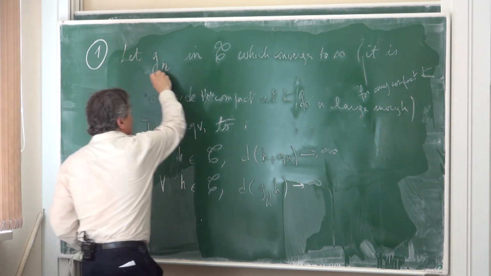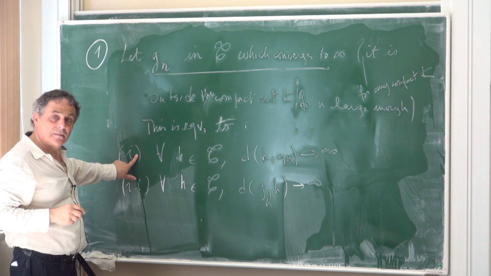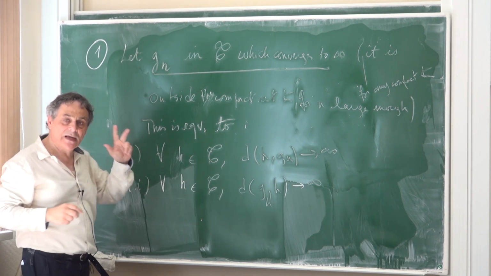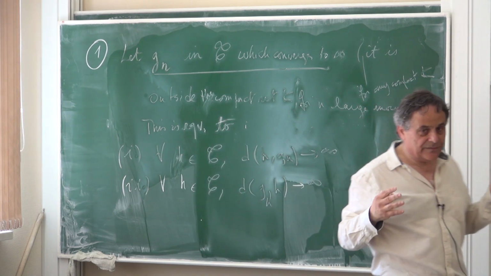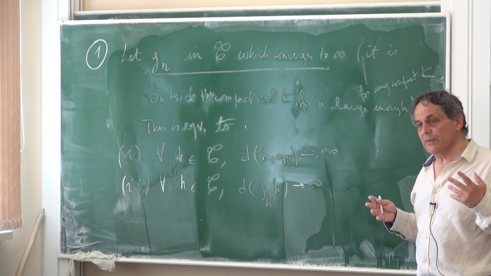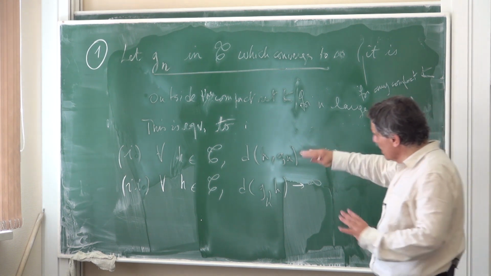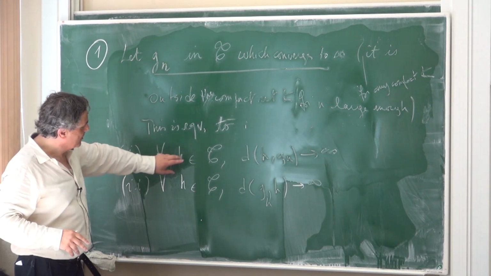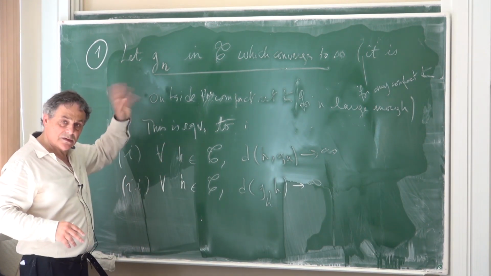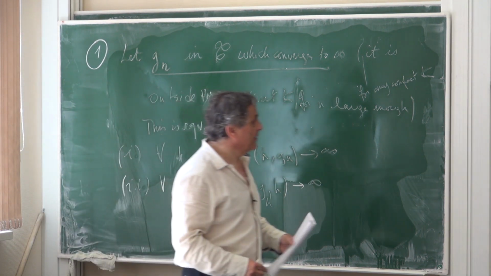And I'm saying that this is equivalent to this claim and also to this claim. So I have three properties which are equivalent. And there are examples of metric spaces, with non-symmetric metrics, where this is not equivalent to this and this is not equivalent to this. Okay.